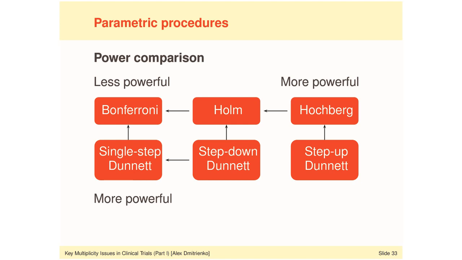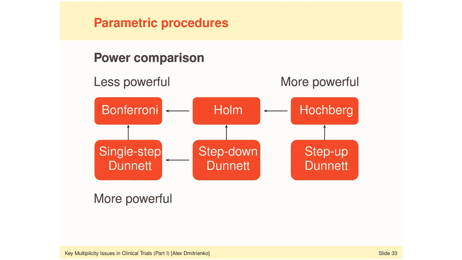The six procedures are arranged in the order of increasing power from left to right and also from top to bottom. And as we said at the end of Module C, the semi-parametric procedures such as the Hochberg and Hommel are recommended when the joint distribution of the hypothesis test statistics is not fully specified.